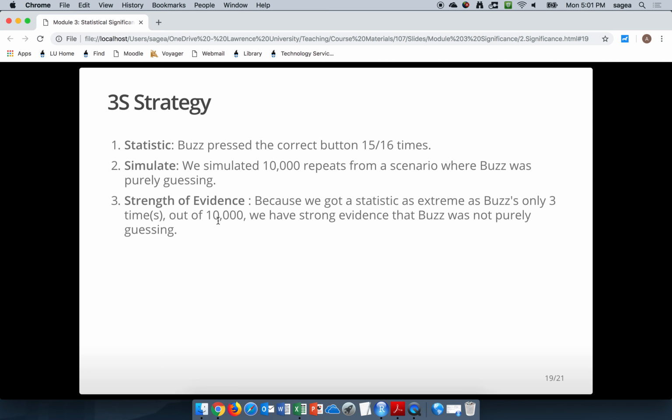And then we looked at where our statistic fell compared to the results from our simulation. Because we got a statistic as extreme as the result from Buzz in the study only 3 out of 10,000 times, we have strong evidence that Buzz was not purely guessing.